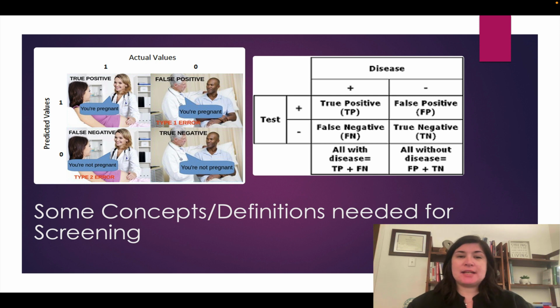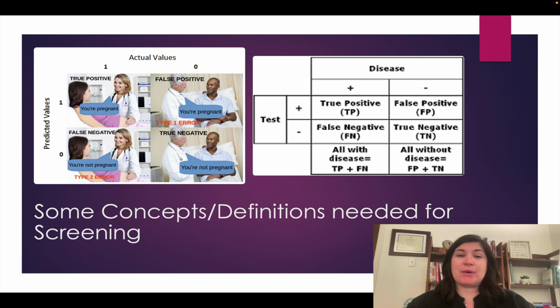A true positive, for example, if we're looking at pregnancy, if you take a pregnancy test and you are pregnant and it says you're pregnant, that would be a true positive. If you take a pregnancy test and it says you are pregnant but you're not, that would be a false positive. If you take a pregnancy test and it says that you are not pregnant and you truly are not pregnant, then that would mean it's a true negative.